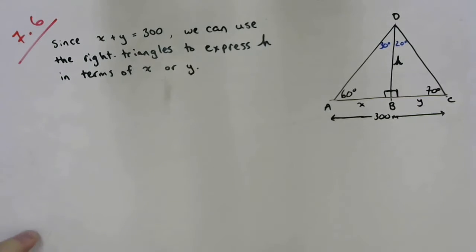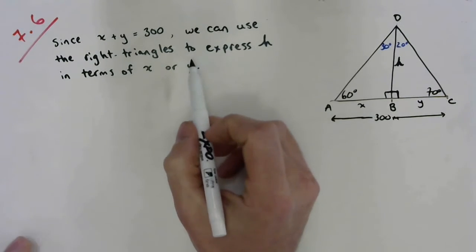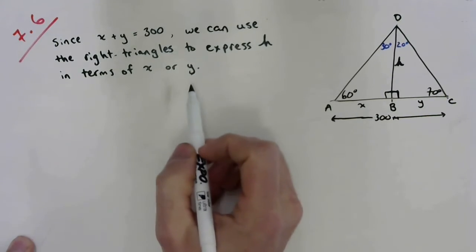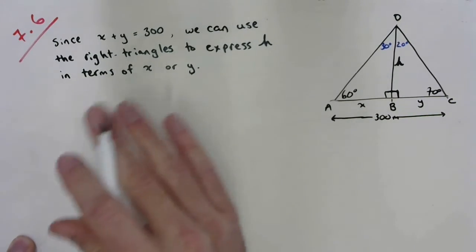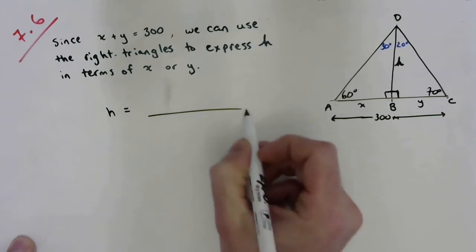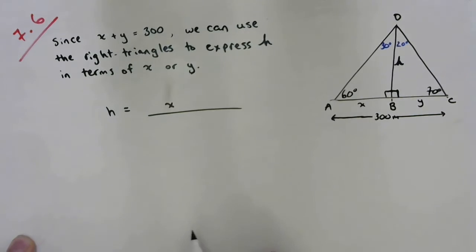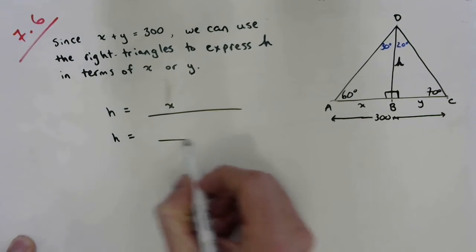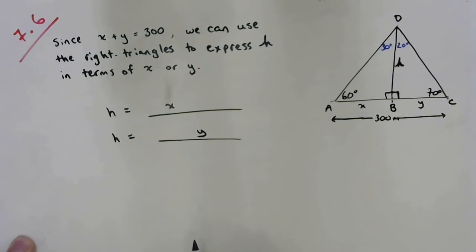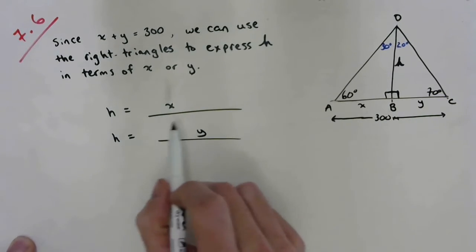Mr. V, that's crazy language. What does it mean to express h in terms of x or y? It means that when we're done, we're going to get h equals something. And on this side, we're going to have either an x or a y. It's going to be something, something, something x, or x times this.